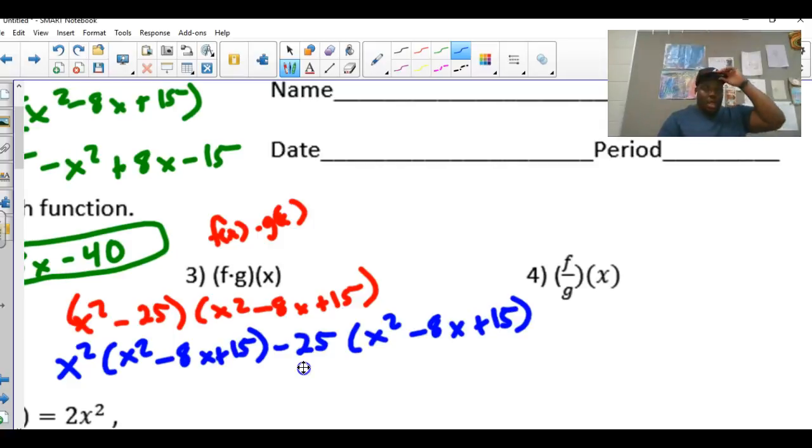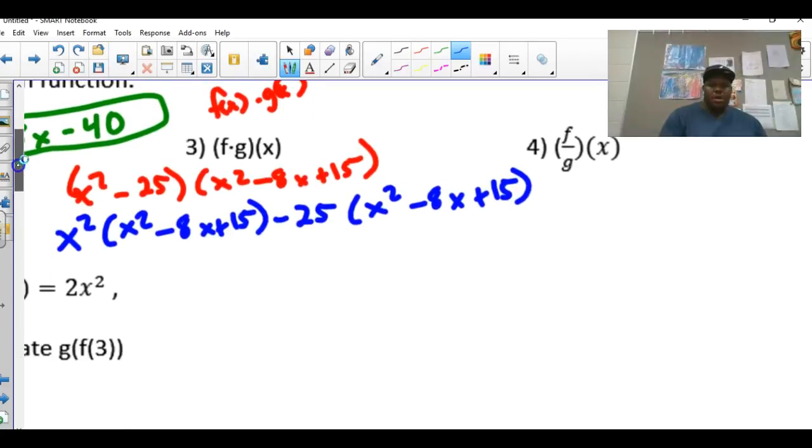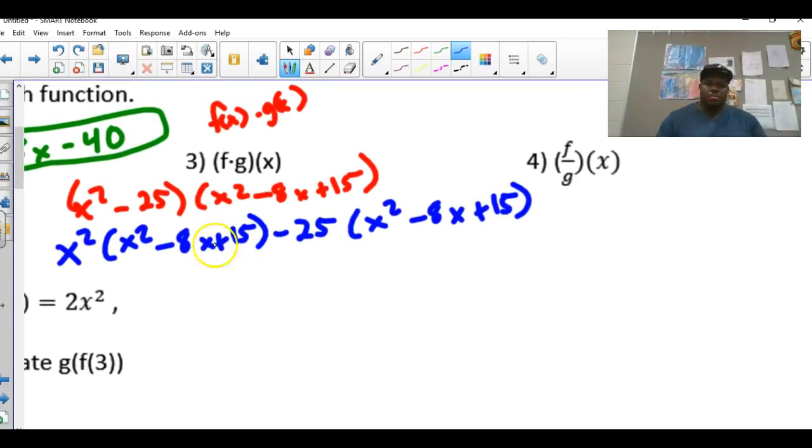So with that being said, man, let's have a look. Now we can go ahead and multiply like this, guys. You have x squared times x squared, that's x to the fourth. X squared times negative 8x is negative 8x cubed. And x squared times 15 is a positive 15x squared.